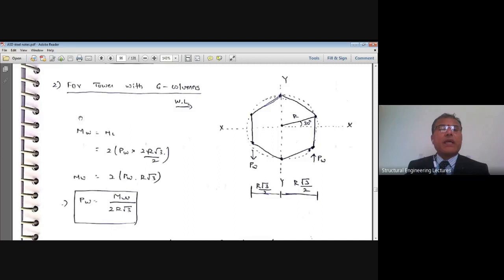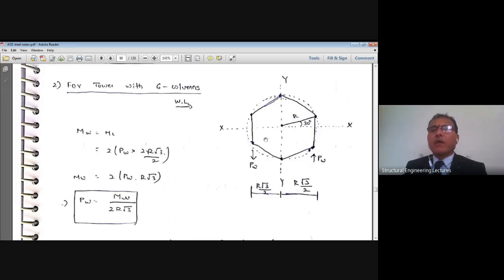Then I'll take the overturning moments due to the wind. They are overturning like this, which are resisted by, now you can see this is the axis of rotation, only one column and one column which are exactly lying on the axis of rotation. Therefore, there is no resistance offered by these two columns. Only these are away from the axis of rotation.